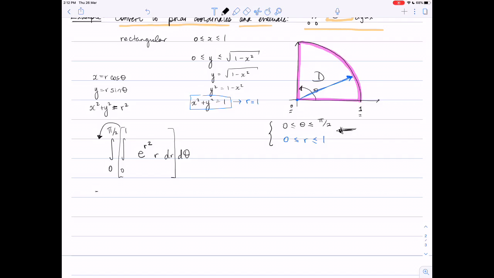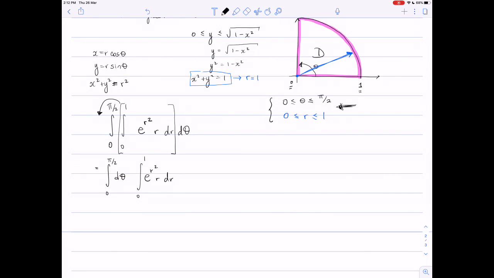So I'm going to evaluate this in two steps. This is the integral from 0 to pi over 2 of d theta times the integral from 0 to 1 of e to the r squared times r dr. The first integral, of d theta, is just theta.